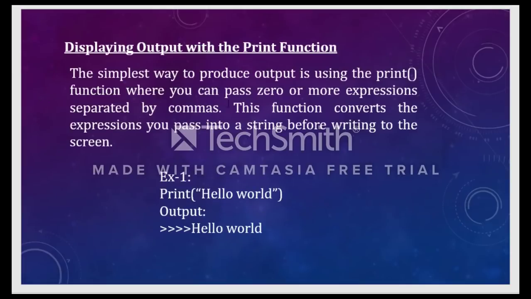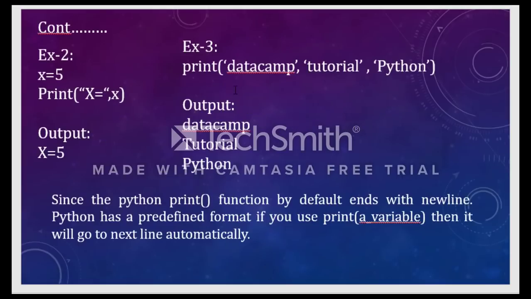In the earlier slide, we saw only one parameter being passed to this print function. Whereas in this example, I am passing 3 parameters: DataCamp, tutorial, and Python, all strings, given in single quotations.